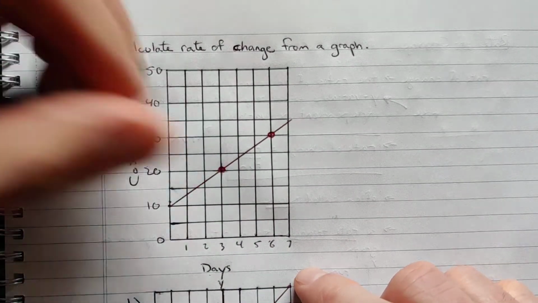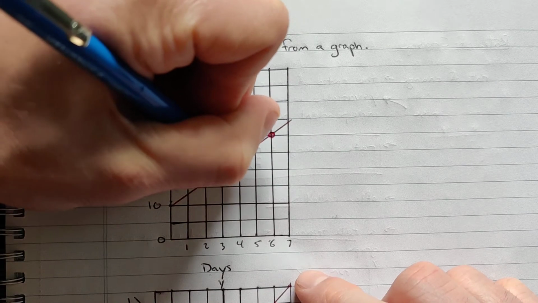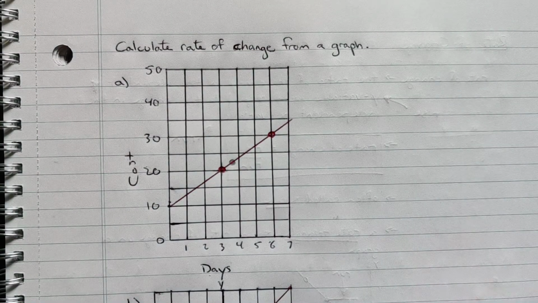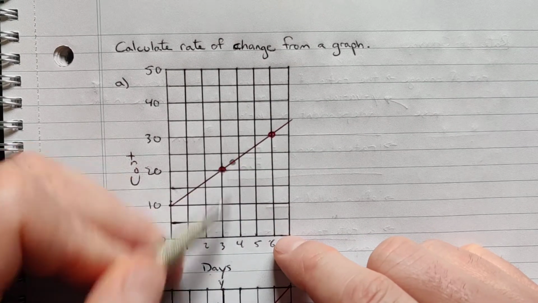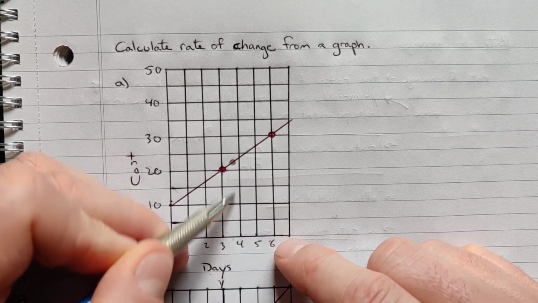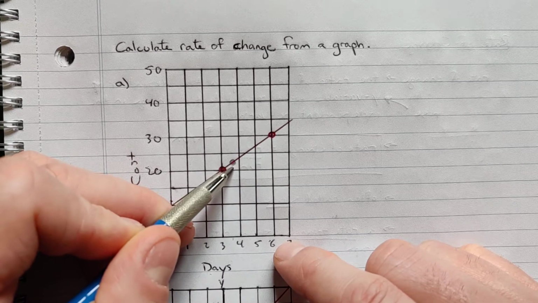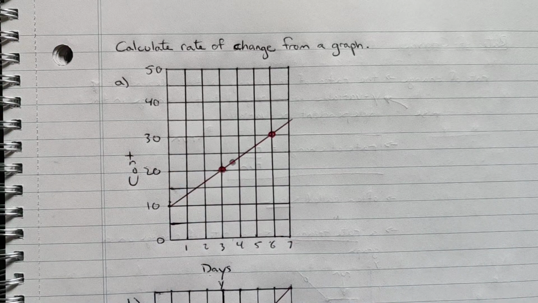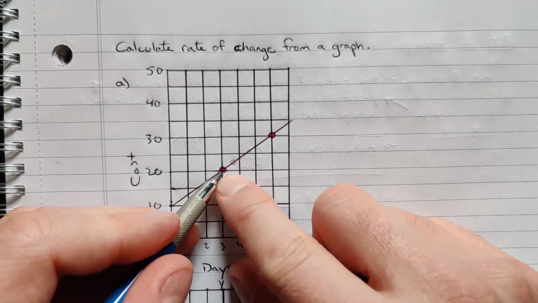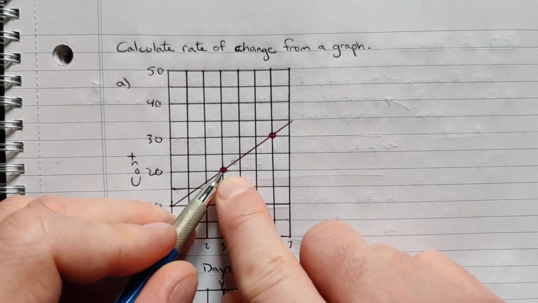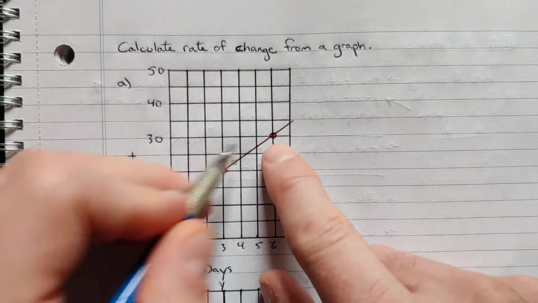Picking a point right here is a bad idea. This is a bad point because you don't know exactly where that is. Is that at 3.5? Kind of, but we don't know exactly. If I pick this point here, it's right at 3 and 20. I know exactly where it is. I can tell you the exact numbers.